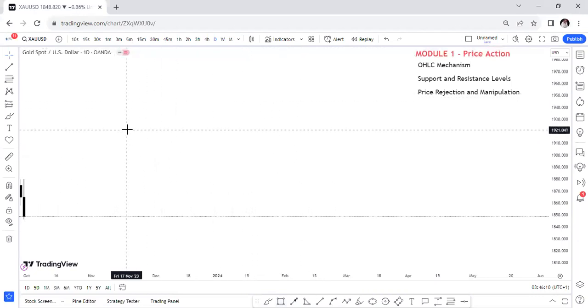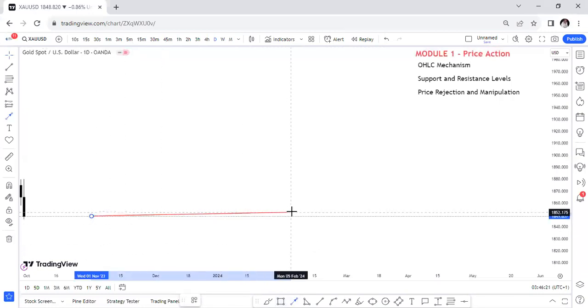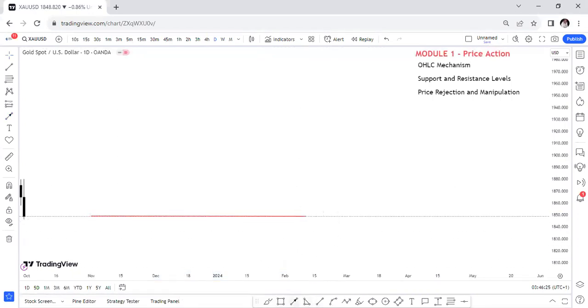Price action is simply the movement of supply and demand along the price time chart. In layman's language, it is the movement of supply and demand along the price time chart.